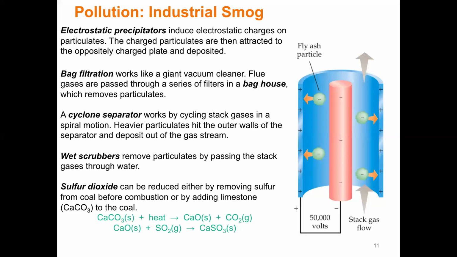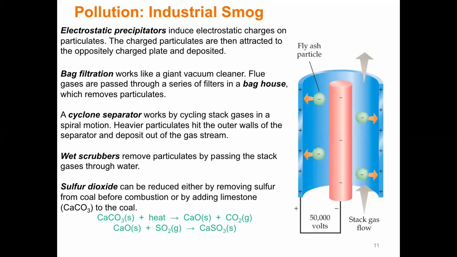The other thing is sulfur dioxide. It can be reduced, right, by removing the sulfur from the coal before it is combusted. And the way they do that is by adding limestone. And you can see the chemical reaction that's taking place here. They try to pull it out before they start burning it to make coke, for example.